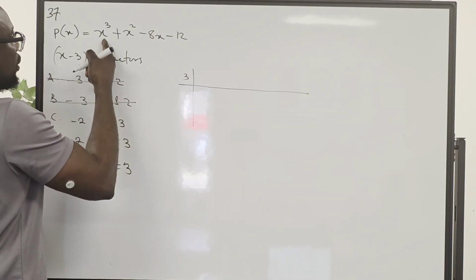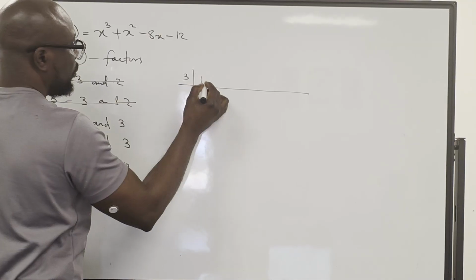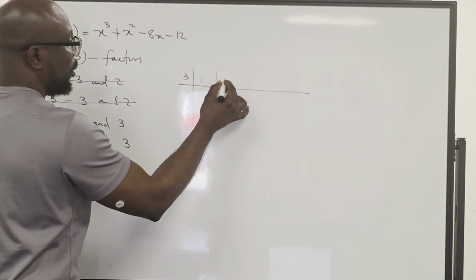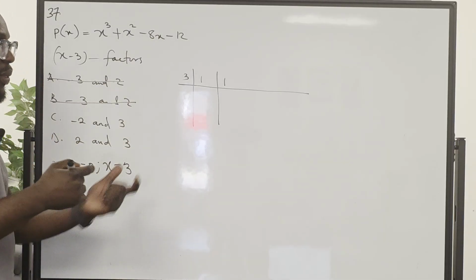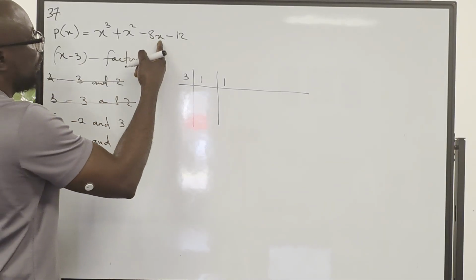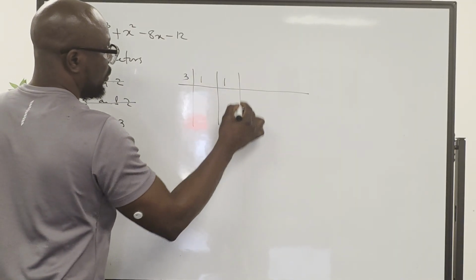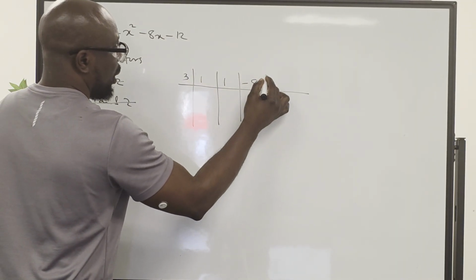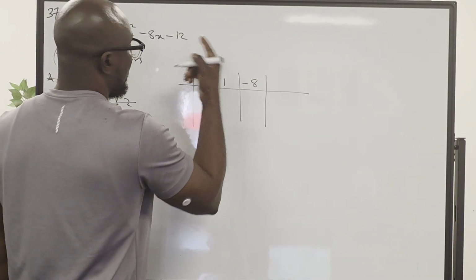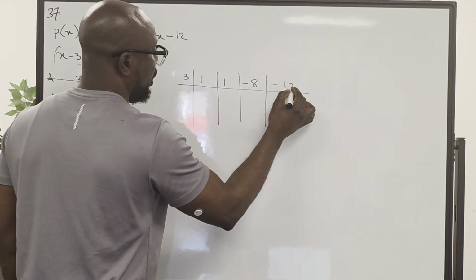The coefficient of x cubed is 1. The coefficient of x squared is 1. We call this method synthetic factorization. The coefficient of x here is -8. And the constant here is -12.